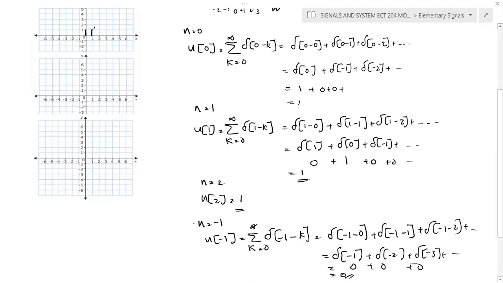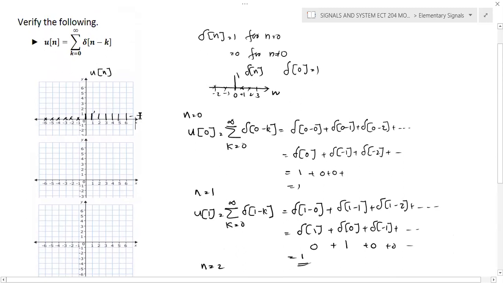For negative values of n, you will get the function magnitude equal to 0, and it will be the same for any negative value of n. And for positive values of n, you will get 1, 1, 1 etc. So the given expression is also correct. So we can write u of n is equal to sigma k equal to 0 to infinity del of n minus k.